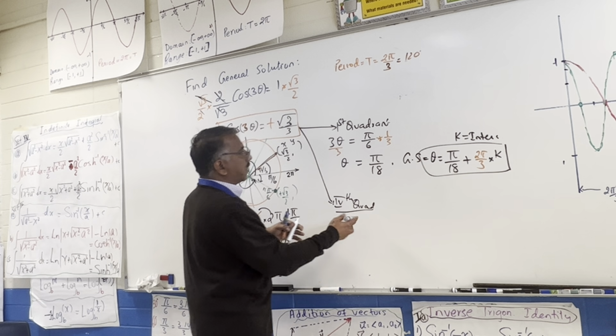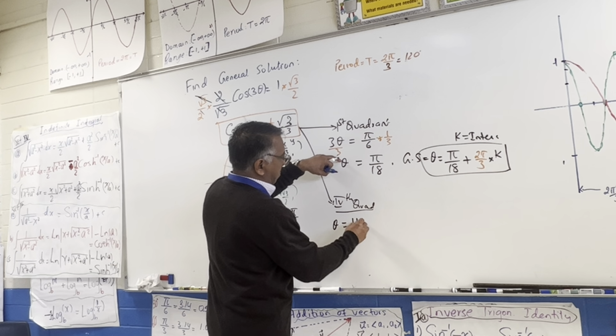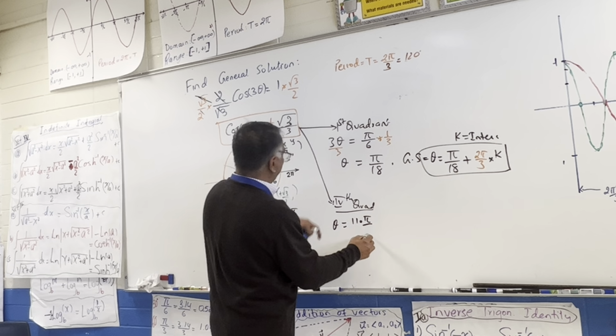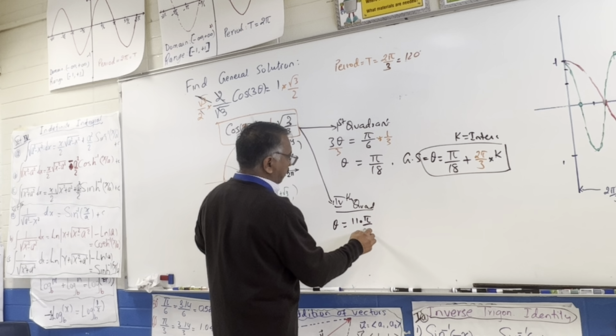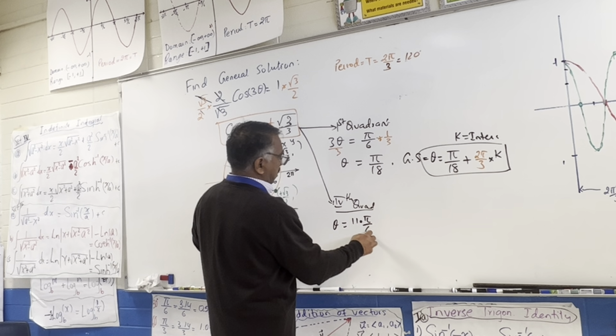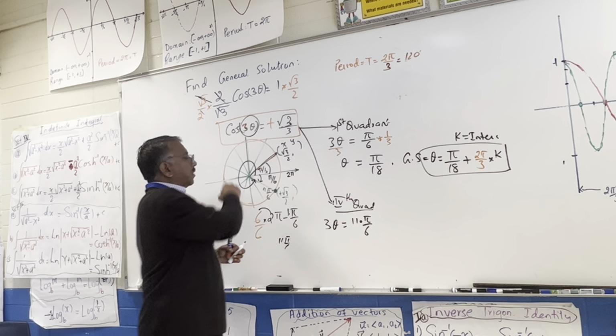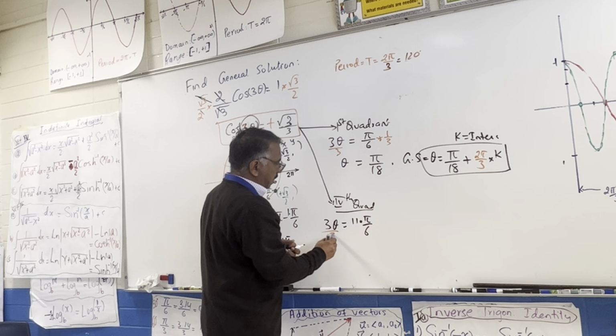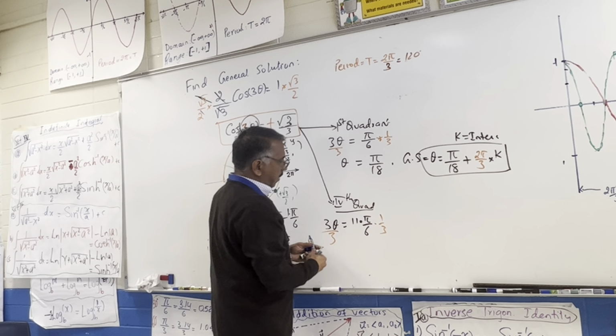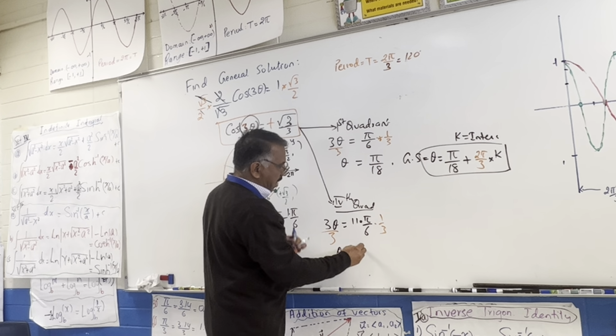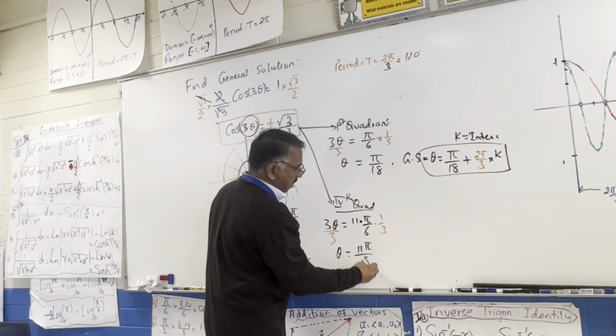So 3 theta is 11 pi by 6, because the angle here is 3 theta, and then dividing by 3, theta is 11 pi by 18.